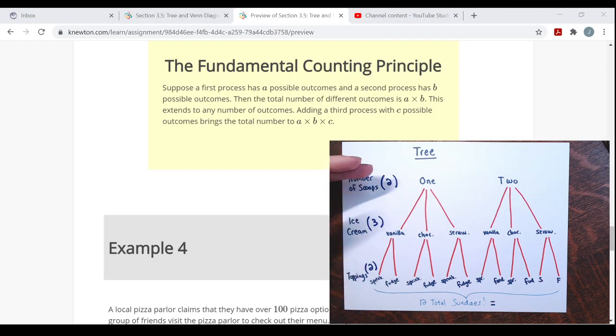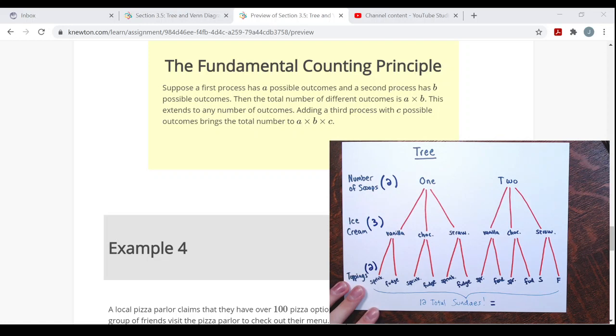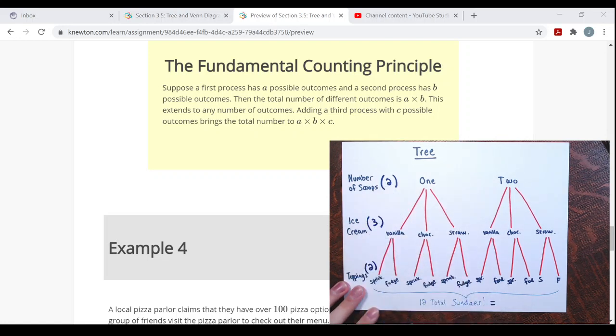And if you apply the fundamental counting principle, you can say without making a tree diagram how many sundaes can be made if you only choose one of each, right? If you can choose more of each, then there's going to be another way. We'll talk about counting that way later.